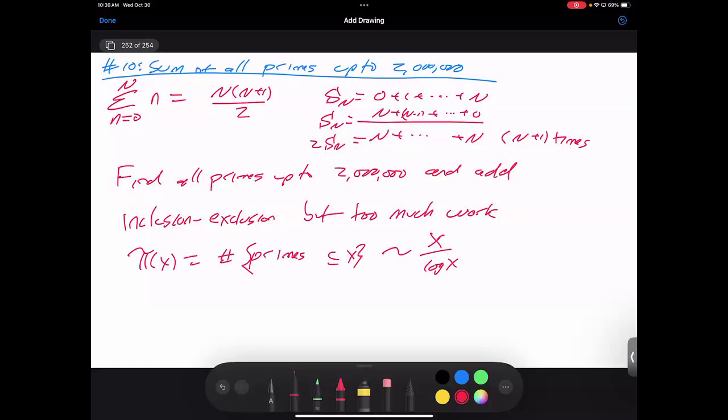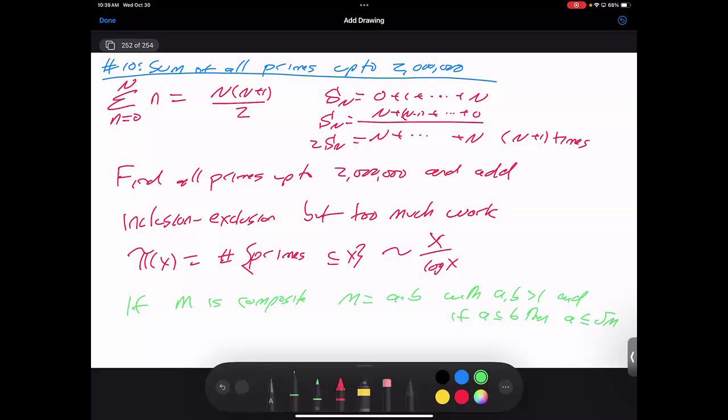So the key observation which you made is that if M is composite, M has to be A times B with A and B greater than 1, and if A is less than or equal to B, then A is less than or equal to the square root of M. So if any number is composite, it has to have a factor at most the square root of itself.